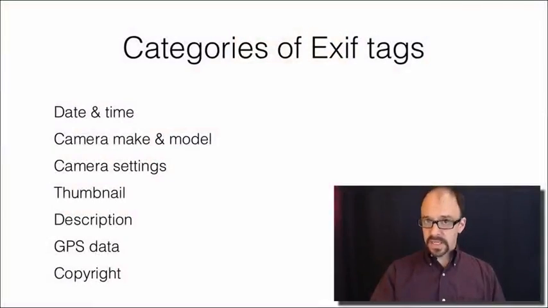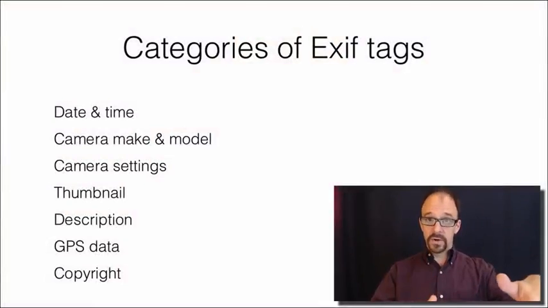So let's look now at the Exif format, which is probably the most common image format used by digital cameras today. There are several categories of metadata that's captured in an Exif record. And these are all, as you would expect, to do with the camera itself and the image.